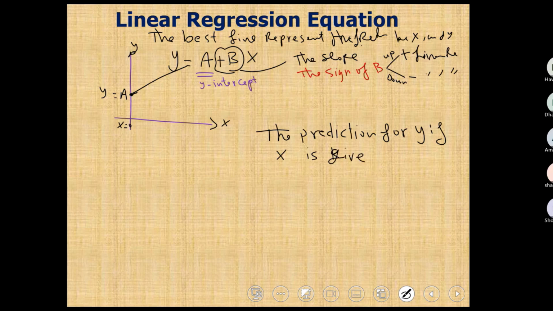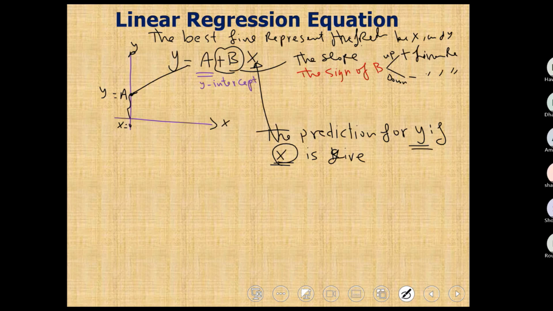Or you would like to know what the response is to this action or this change in the independent variable, right? So what you do is take this value and substitute it in the equation, and you will find the value of y. So if x is 0, nothing happens, so y will equal the y-intercept a, right?